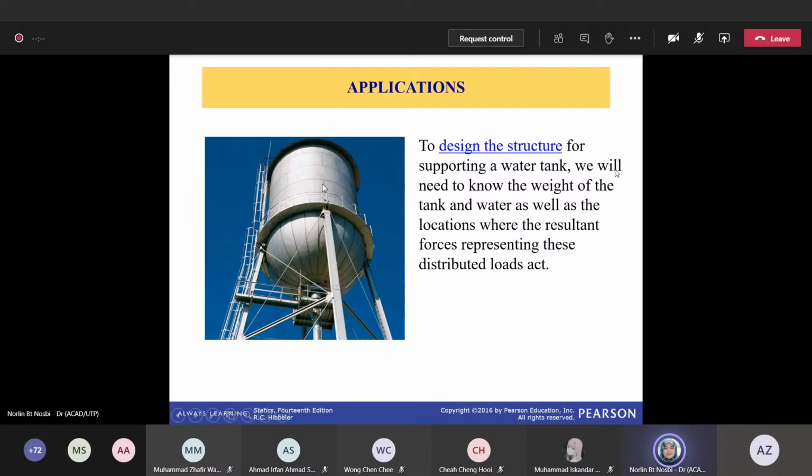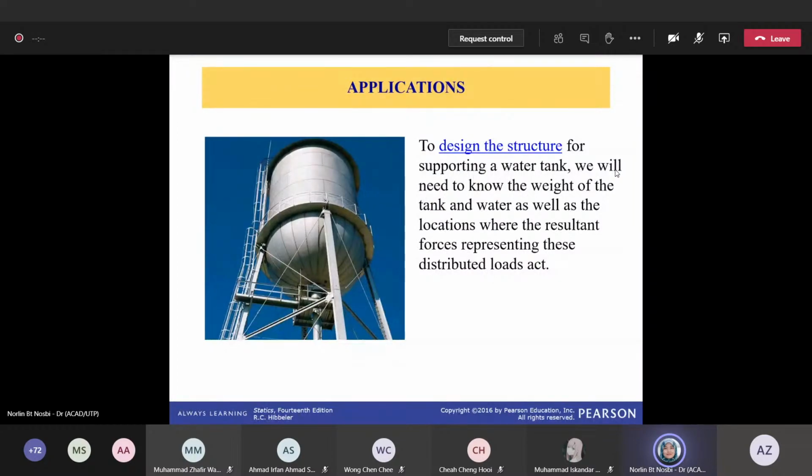And then we need to find the resultant forces that support this tank. How do we want to design this structure? Of course, you need to find the center point that can support this water tank. So how do you find the center of gravity, and the center of mass of this tank? We will go through this in this topic.